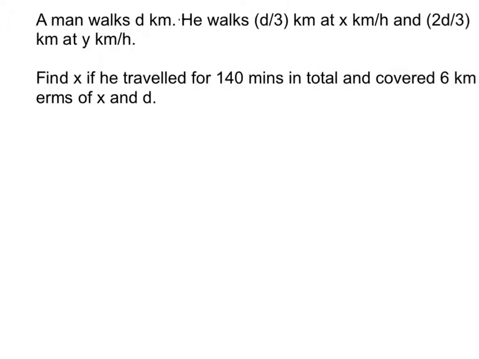Now for this part here, we need to use the equation that we just determined in the previous part, where x is equal to 7d over 9t. It's asking us to find x if you travelled for 140 minutes in total and covered 6 kilometres. So this tells us that d is equal to 6 kilometres, and it also tells us that t is equal to 140 minutes.